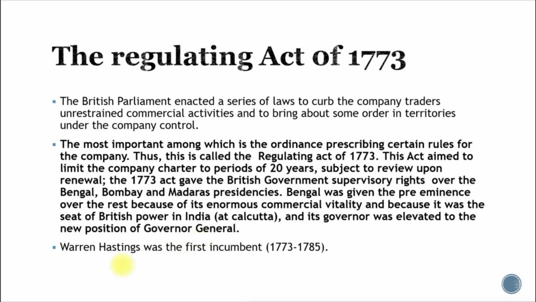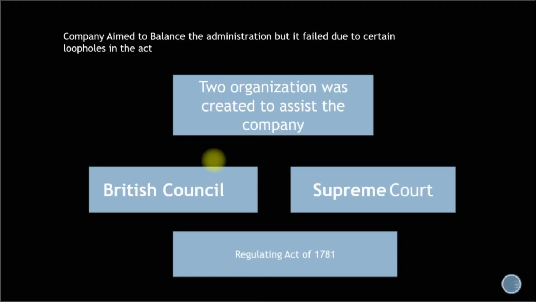Hence, we see that Warren Hastings becomes the first incumbent. That means the company's administration of all three presidencies, that is Bengal, Bombay and Madras. So this act was aimed at balancing the administration, but it failed due to certain loopholes in the act.